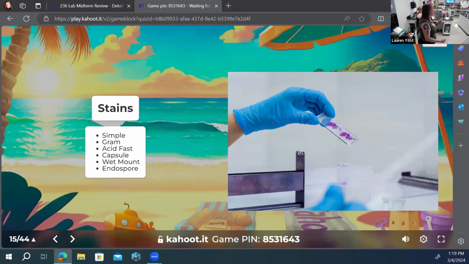Then we have the gram stain for whether it's gram positive or negative, acid fast for whether or not it has that mycolic acid waxy covering. The capsule stain, whether it has that capsule. Remember that capsules allow for adhesion to surfaces as well as evasion of phagocytosis, getting eaten up by your white cells. And then the wet mount, or the motility one that we looked at, where it was literally them swimming around.